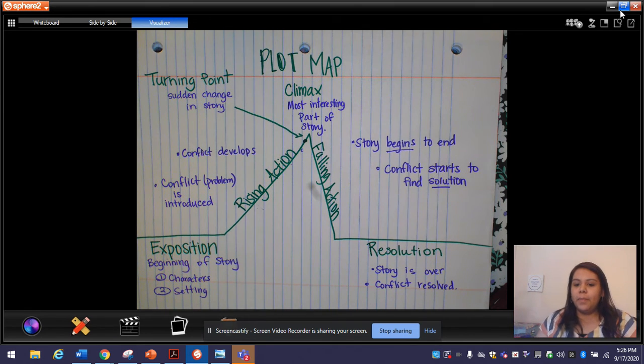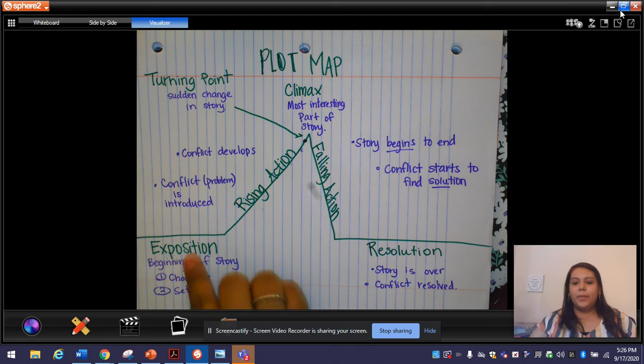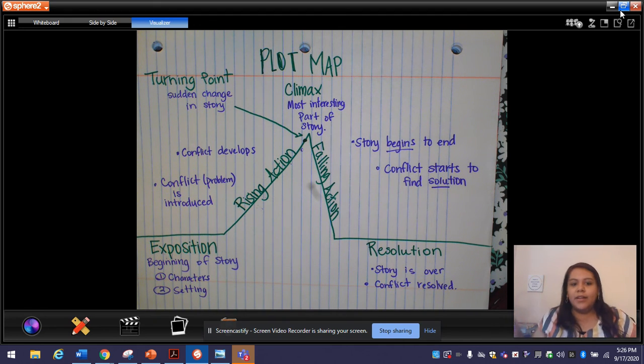What part of my plot map tells me when the conflict is resolved? The resolution. What part of my story is the most interesting part? The climax. So just quiz yourselves, practice, learn the dance, make it a TikTok or something.